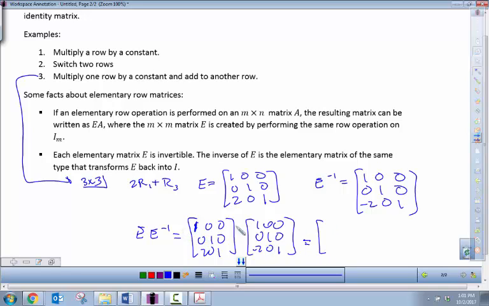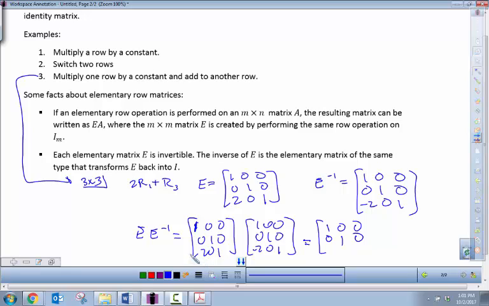All right, so first row, first column will give you 1. First row, second column is 0. First row, third column is 0. Second row, first column is 0. Second row, second column is 1. Second row, third column is 0.